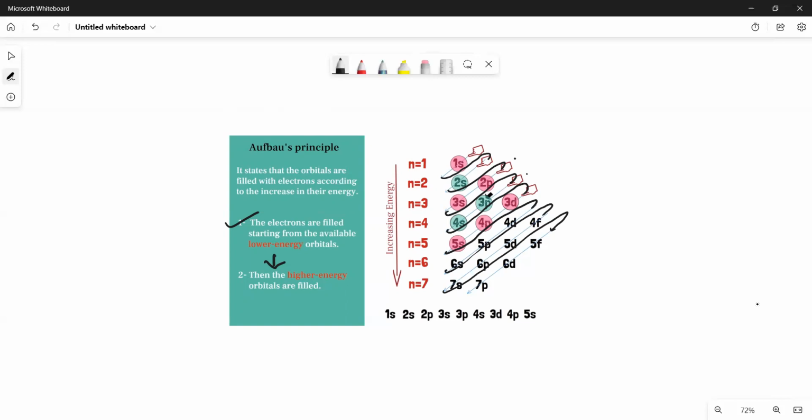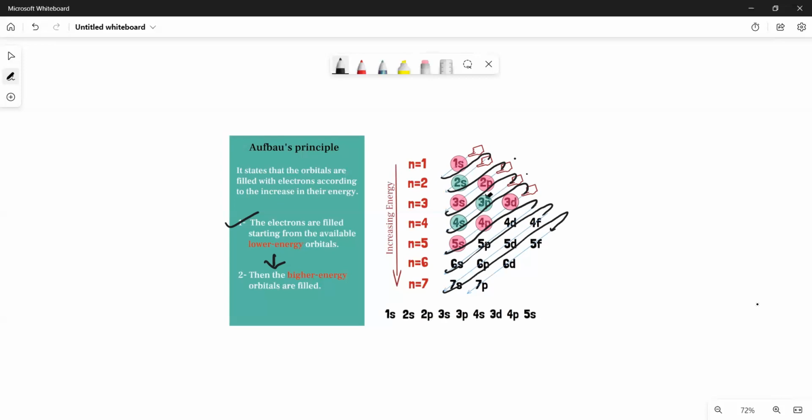But after 3p it will first fill 4s, because 4s is a lower energy orbital compared to the 3d orbital. Then similarly, 5s is a lower energy orbital compared to the 4d orbital. Then here similarly 6s is a lower energy orbital compared to this 4f orbital.